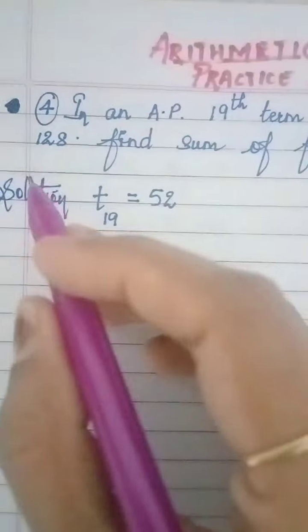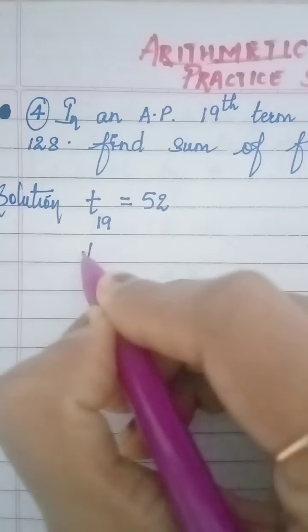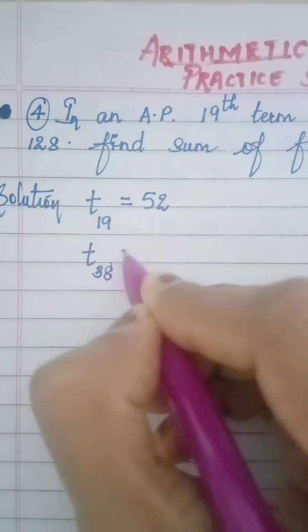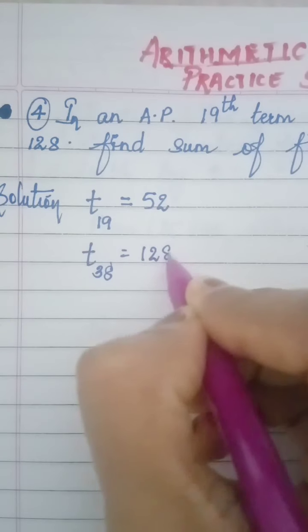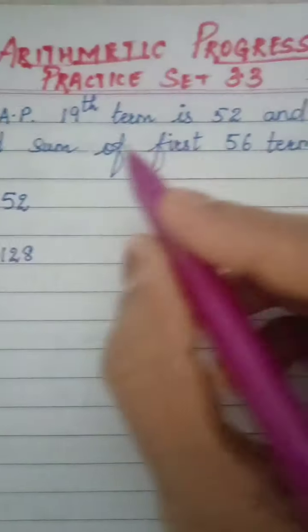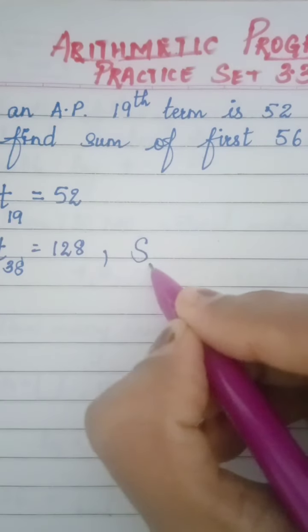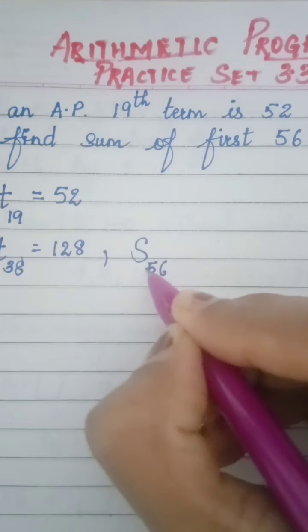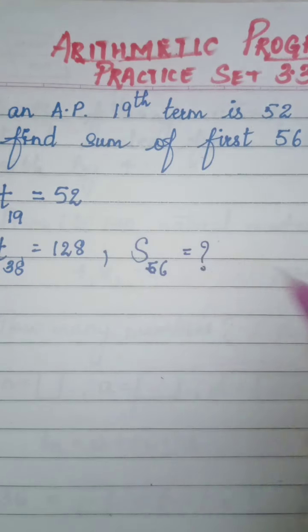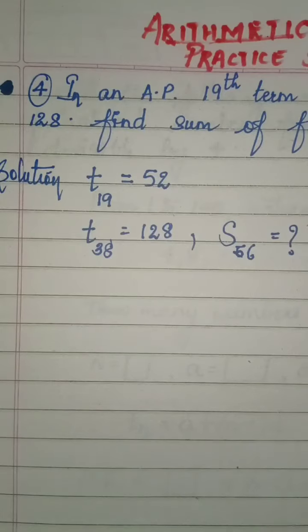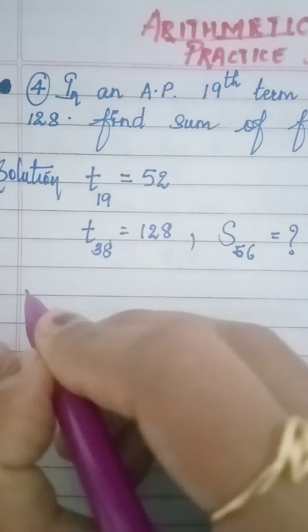Next, 38th term is 128. So T38 is equal to 128 and they are asking us to find the sum of first 56 terms, question mark.